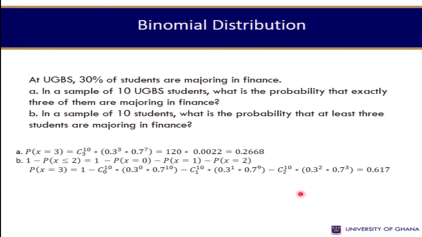We have likewise a similar one for x being equal to 2. And when you solve, you have 0.617. So it means that there is about a 61.7% chance of getting at least 3 students majoring in finance in a sample of 10 students.